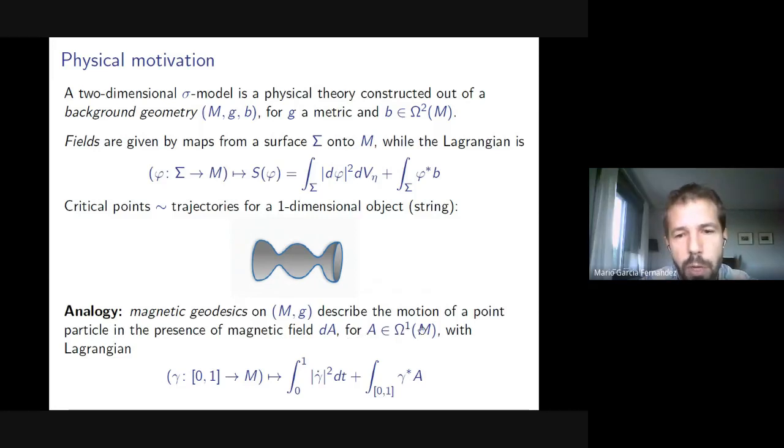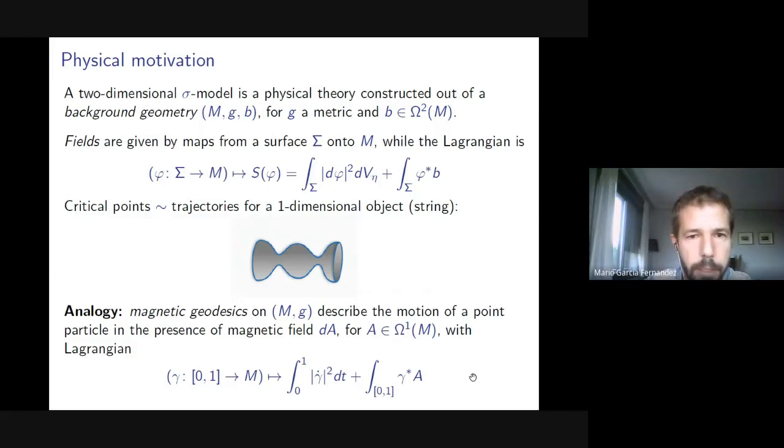The potential, which is a 1-form, is used to cook up a natural functional on curves from an interval into the manifold, thought of as trajectories of point particles. This is given by the L2 norm of the derivative of the curve plus the pullback of the 1-form. So this is some sort of higher dimensional analog of this picture for magnetic geodesics.